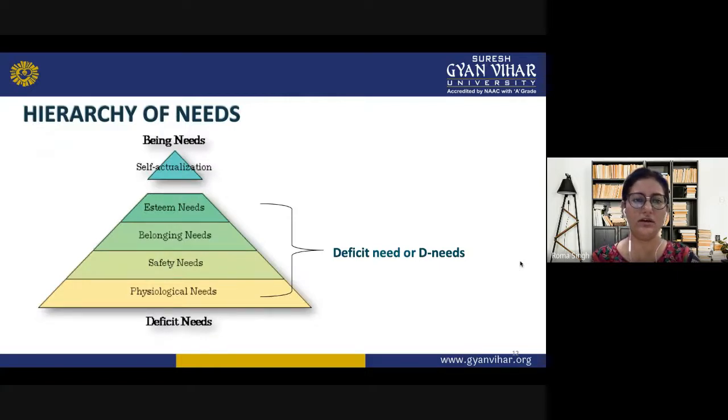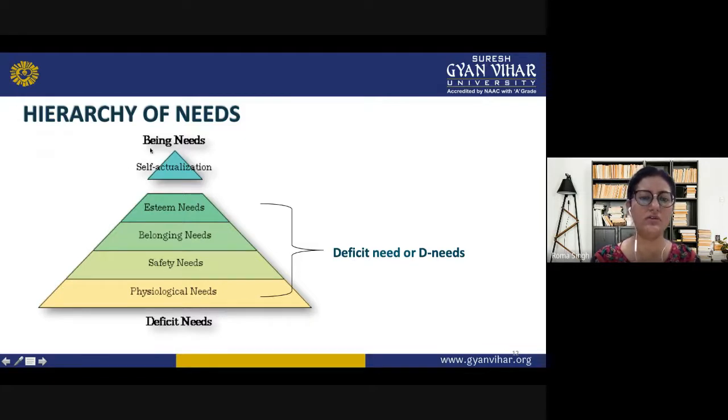So this was the hierarchy of needs given by Abraham Maslow, and he believed that there are certain needs which need to be fulfilled for human beings. So he gave, as we can see here, four needs at the lower level of the hierarchy, which are the deficit needs or the D needs, and then the being needs, where the person is satisfied that I have achieved what I have done till now, or the needs have been fulfilled, so he automatically will reach the level of self actualization.